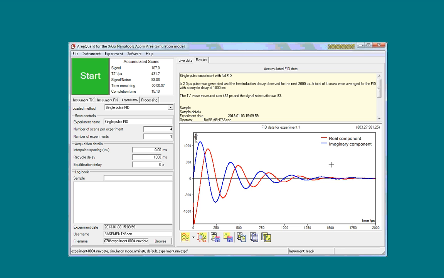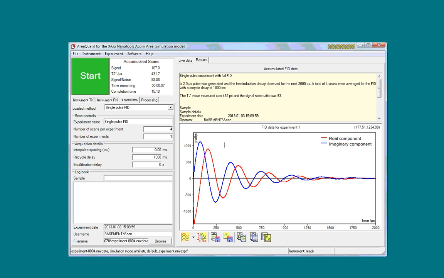What happens when the instrument's acquiring data is the oscillating voltage that's produced in the measuring coil is compared with a reference voltage, a reference wave, and the real and imaginary components are extracted. The relationship with respect to phase of the real and imaginary components isn't important for the purposes of this exercise.